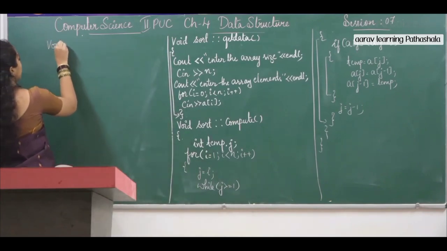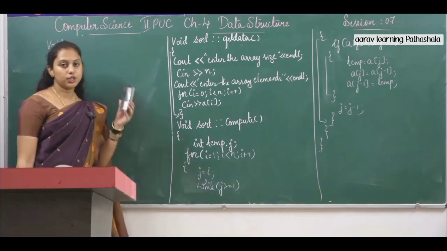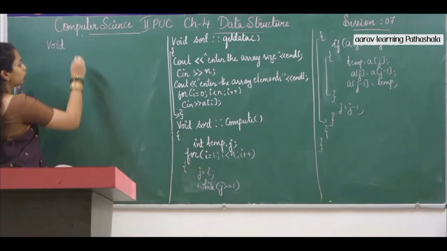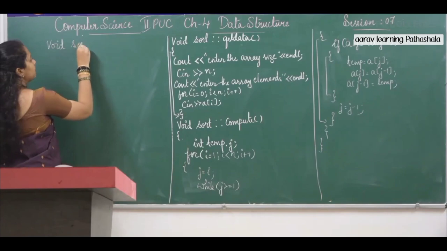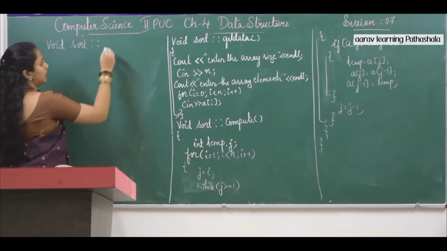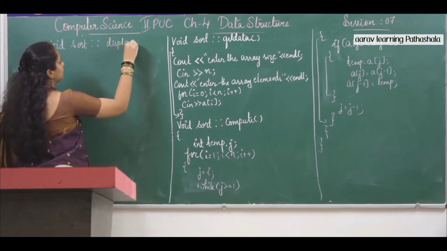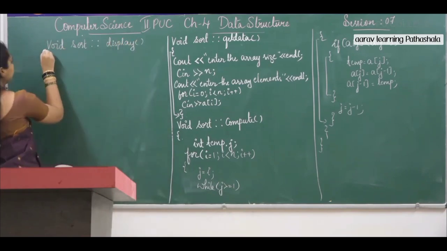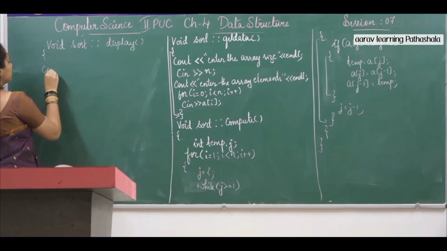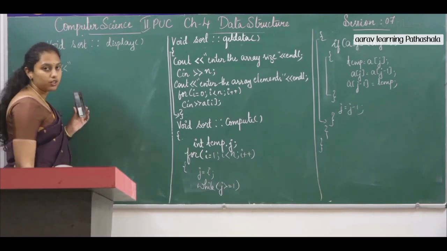As we are defining the function outside the class, first we have to write the return type followed by the class name, followed by the scope resolution operator, then the function name. So we have to print the array elements after sorting.